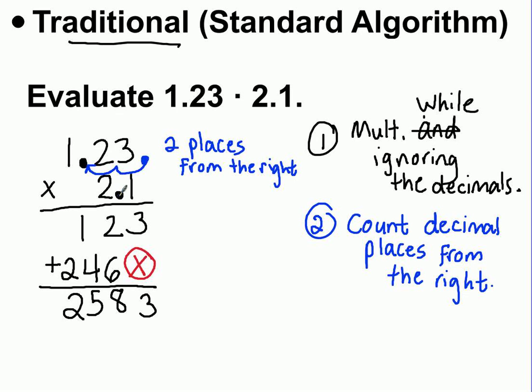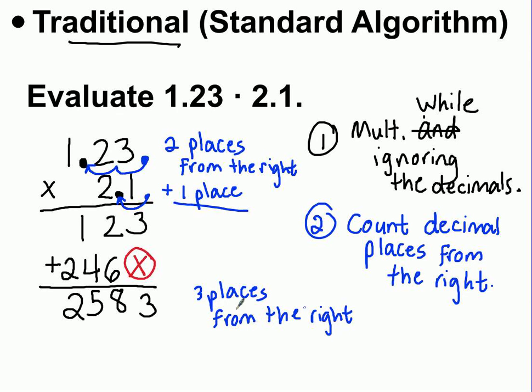And this decimal point right here is only 1 place from the right. So therefore, this final answer needs to be 3 places from the right. So here you go, 1, 2, and 3. And so our final answer is 2 and 583 thousandths.